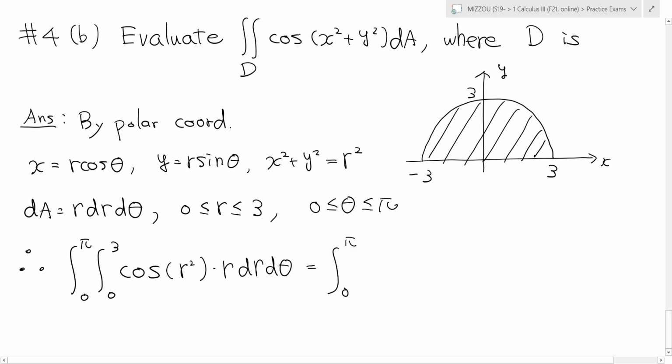Now if you look at the inner integral, this part, you will see that this is indeed 1/2 sine r squared, and r is from 0 to 3. If you differentiate this, you get this.